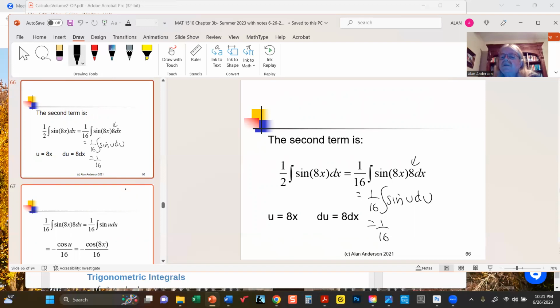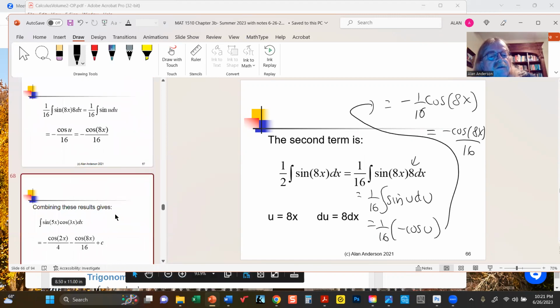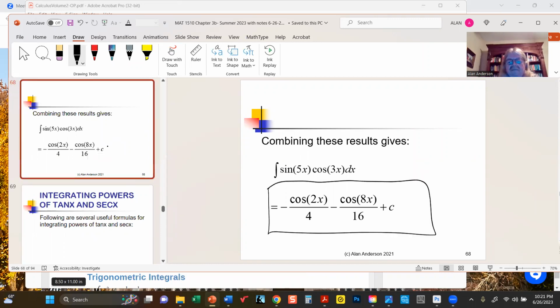So the integral of sine u is simply negative cosine u, or you could rewrite it as negative cosine 8x over 16. So remember, this is the second term, so we have to combine our two terms. And finally, this is where we are.